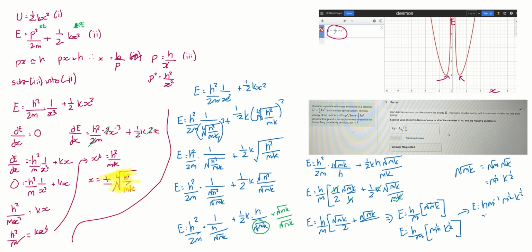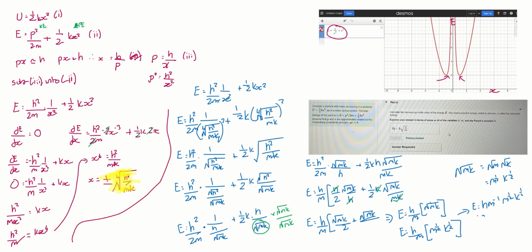So I think we've got all that. We end up with, let's double check if I've done this right. So h m to the minus 1 equals m to the half k to the half.